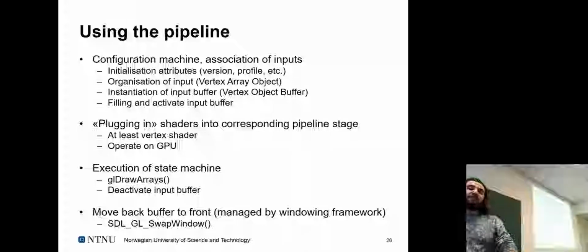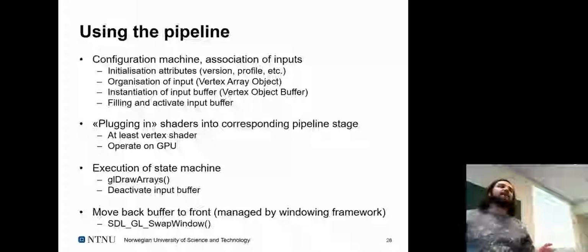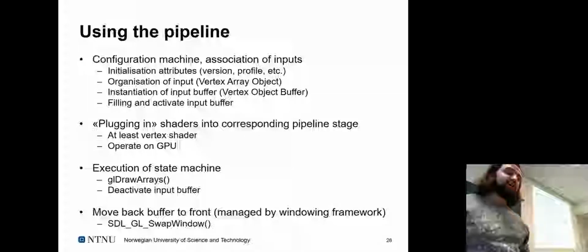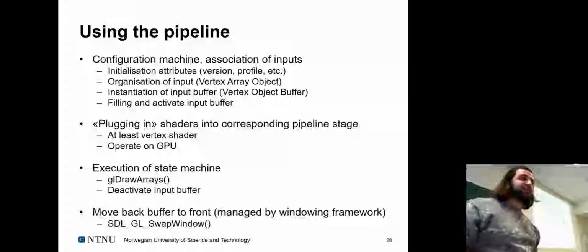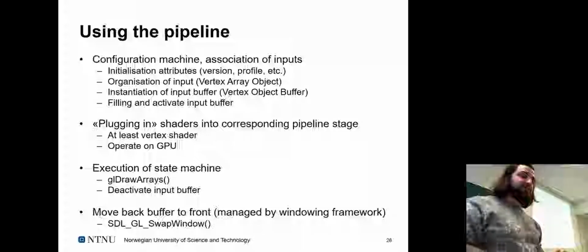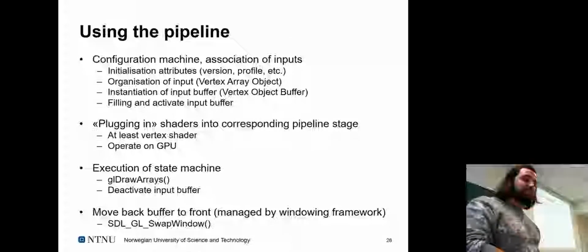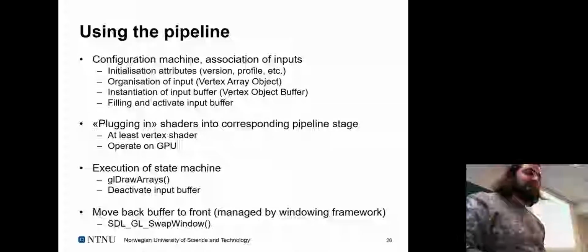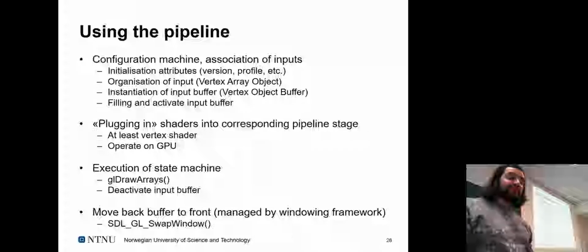We have had a brief look at how the pipeline works, but now let's have a very brief introduction to how to actually use this pipeline. First of all, it's a configuration machine. We have to provide inputs to make it work, and we have to first declare those inputs for some particular cases. Well, initialization of attributes, like which version of OpenGL it is using, which profile, whether it's a core profile or legacy profile.